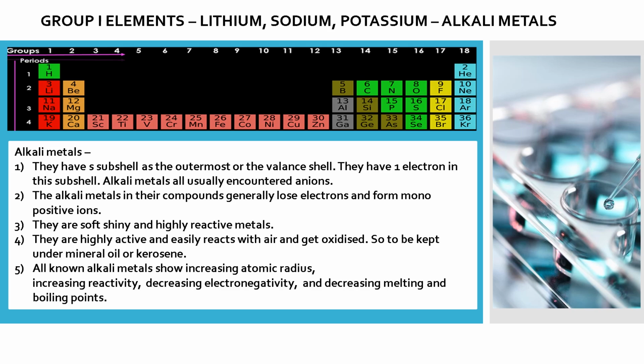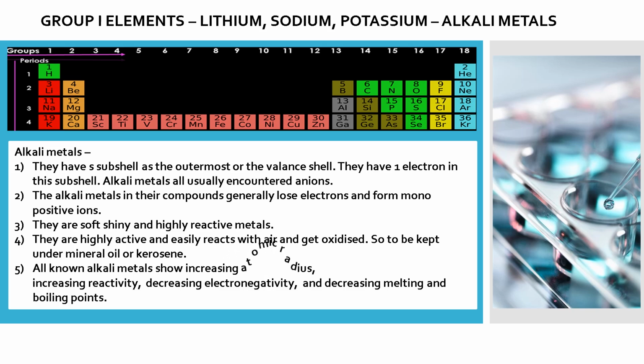See, hydrogen is not similar to this. We will deal with it in the next slide. All the alkali metals are highly reactive and easily react with air to get oxidized. So, most of them are kept under mineral oil or kerosene. All known alkali metals show increasing atomic radii.